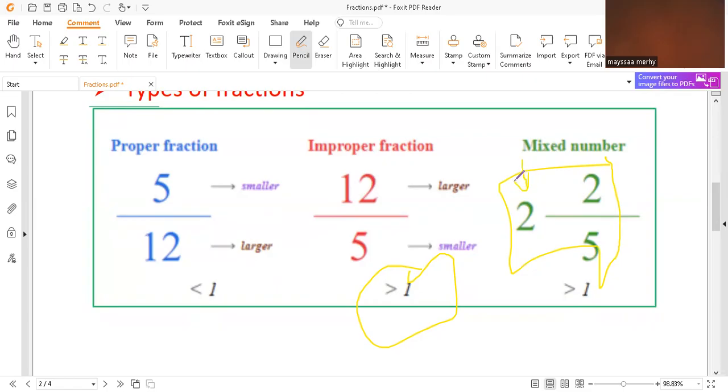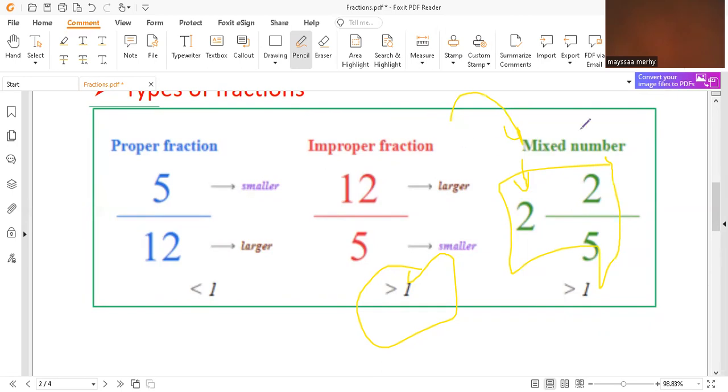About the mixed number: normally the appearance of the mixed number is represented by an integer followed by a proper fraction. So we have an equivalence, a double way to change an improper fraction to a mixed number and a mixed number to an improper fraction.